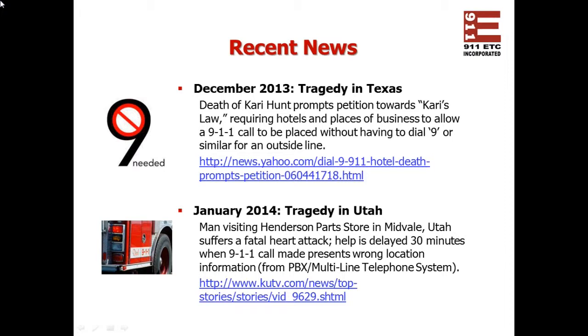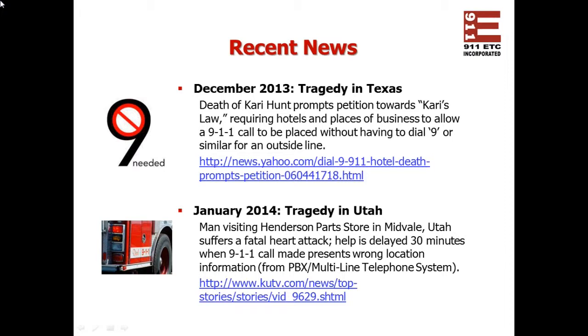The 911 operators, even though the people were telling them where they were located, always go by what's on their screen, and what was on their screen was a different address, and that's where they responded. It delayed the response by 30 minutes, and the man ended up perishing because of this. So when you start hanging IP phones off of a core, that presents a big challenge. But it could certainly happen in a campus environment as well.